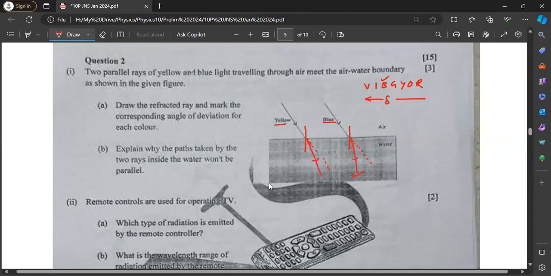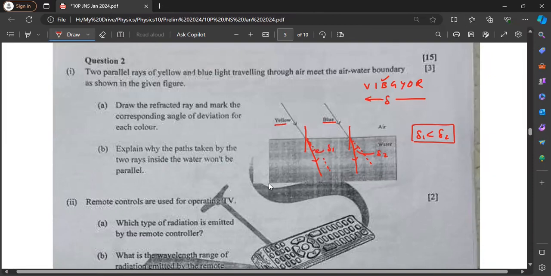Sir, if we don't know the angle of deviation, we got zero. So you had not shown this. Yes, we have to show that. No, I don't agree with that. Even if you show it, what will you show? You will write here delta 2 and here delta 1, and write delta 1 is less than delta 2. But he wrote on my paper that angle of deviation is not mentioned.